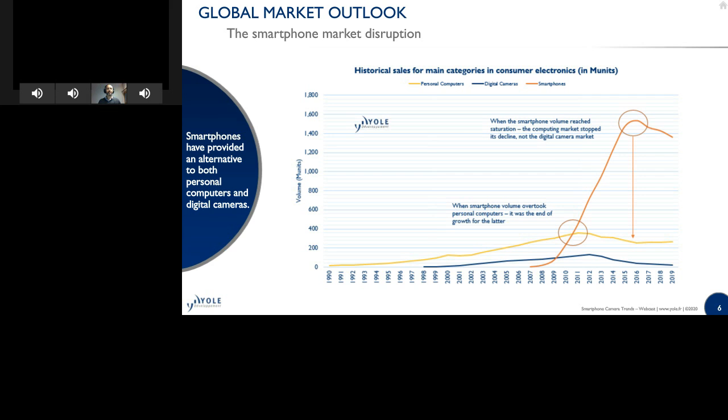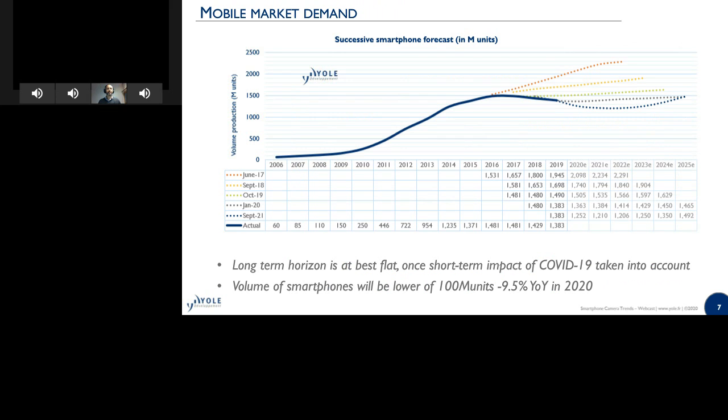So let's discuss the numbers of cameras a little more. First, we need to look at the number of smartphones. We just mentioned that there was a ceiling around 2016. Since then, the volume has been eroding, despite all of our forecasts. We had optimistic forecasts.